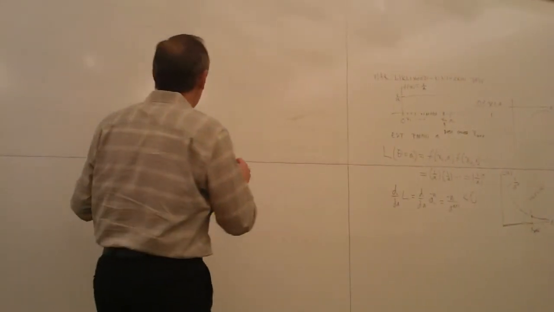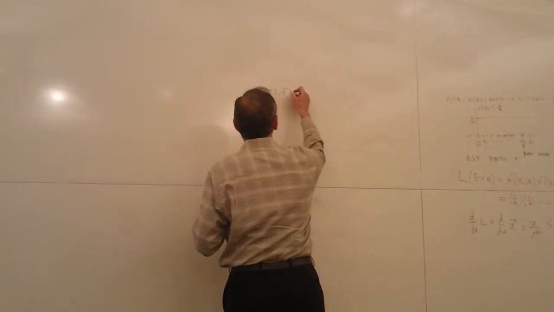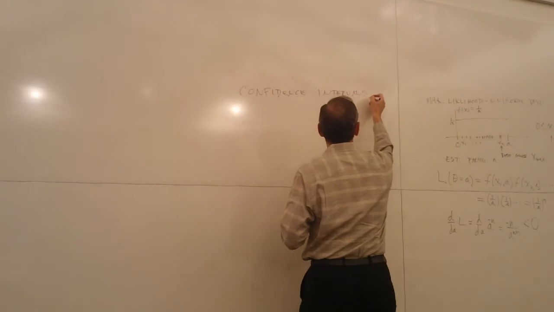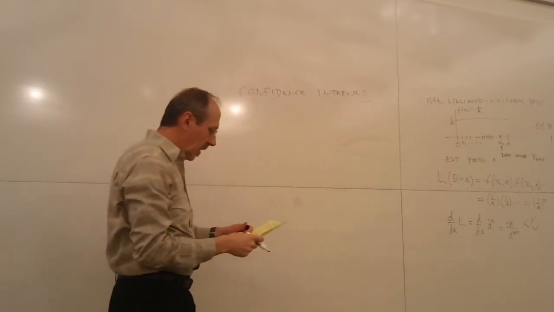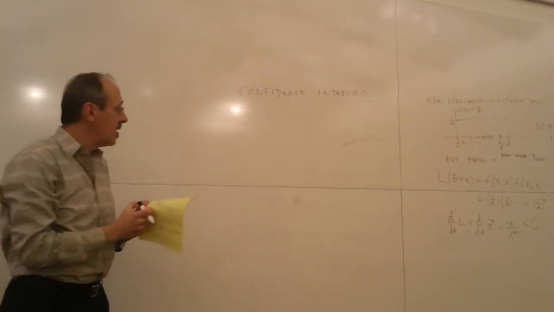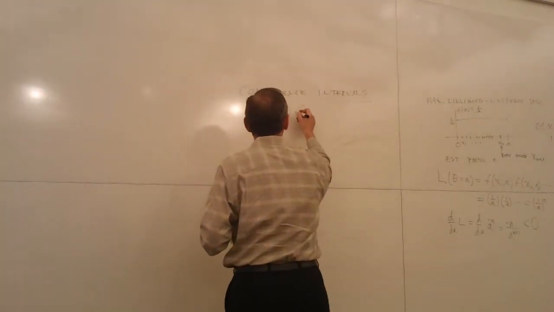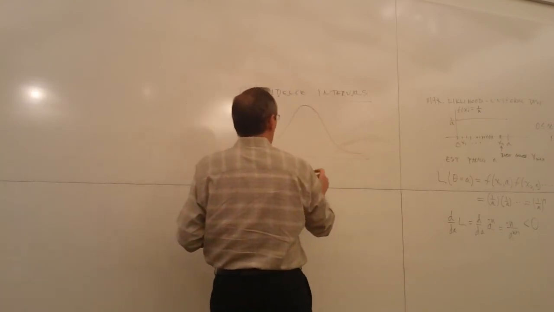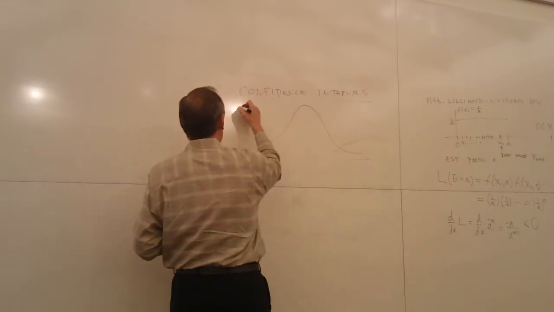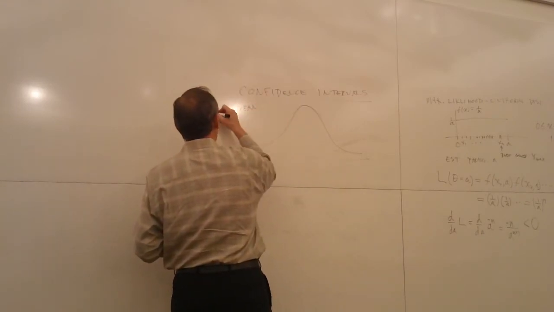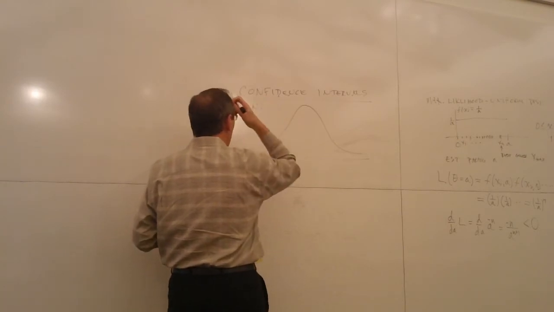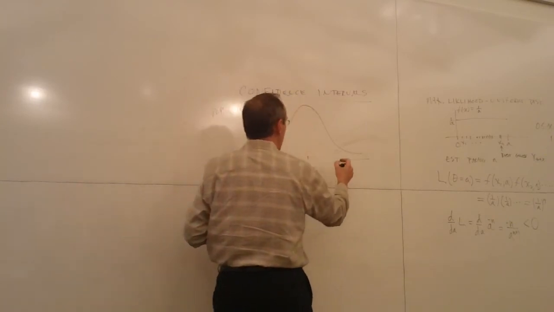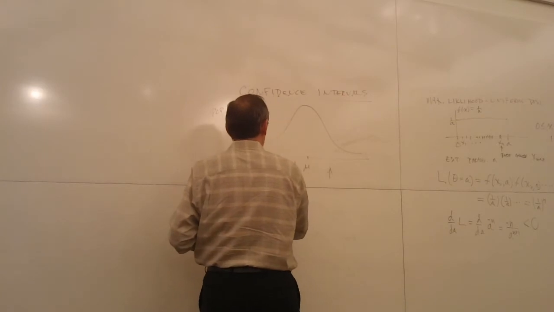Okay, so chapter 8. We went through a lot of special cases there, but the basic idea is the same. I have a distribution. I'm estimating the mean, the population mean, where I've got a distribution like so, the population mean in the middle, and as I draw samples, I'll get different values.